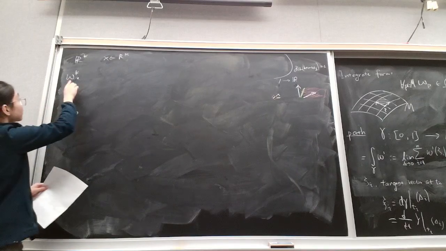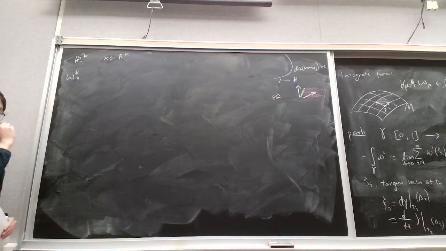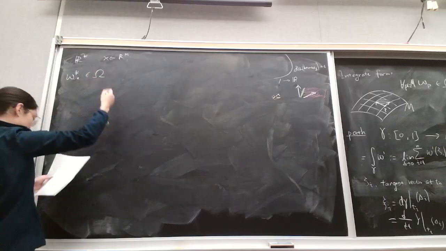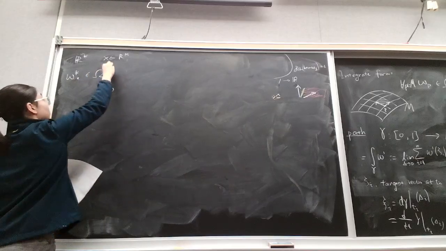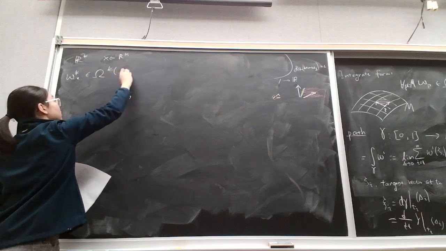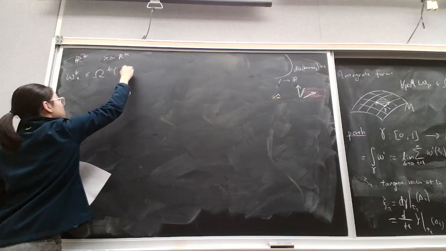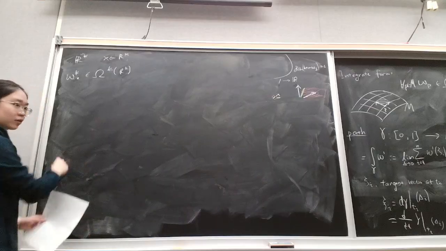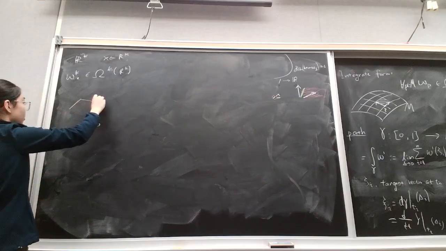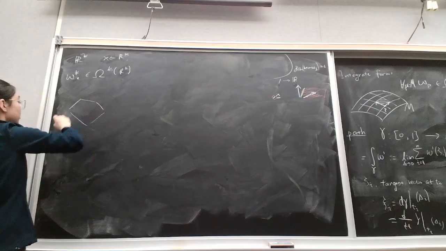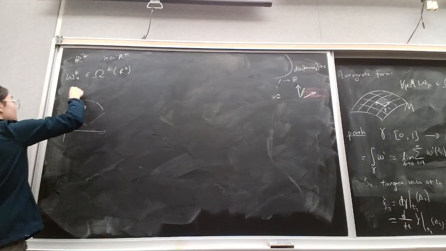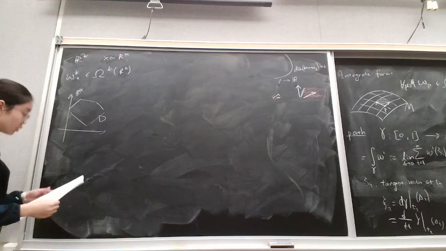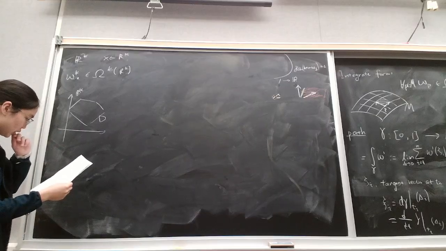And then for each given x, we have a k form, so omega k at x is a k form. And let's say we have some volume in R^k. This is the volume that we're trying to integrate over.